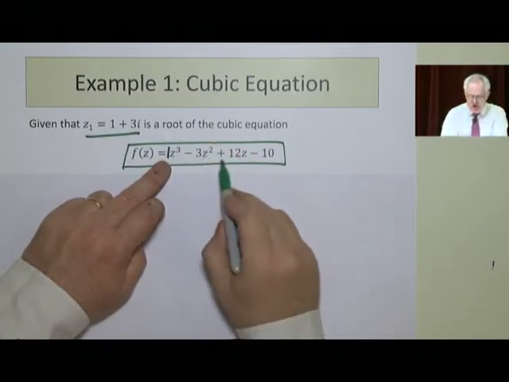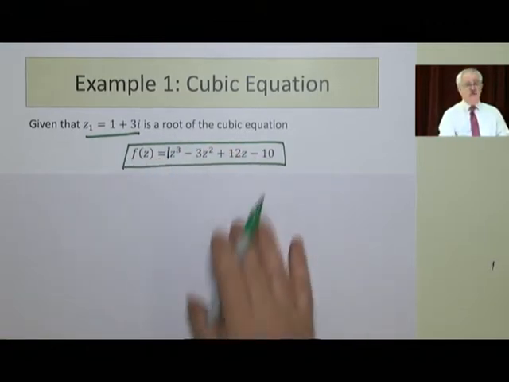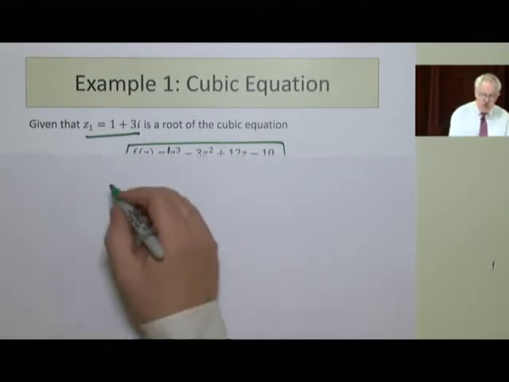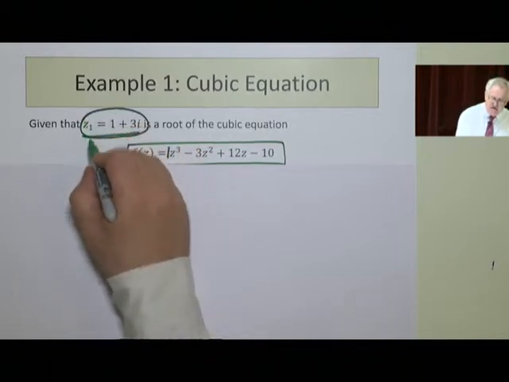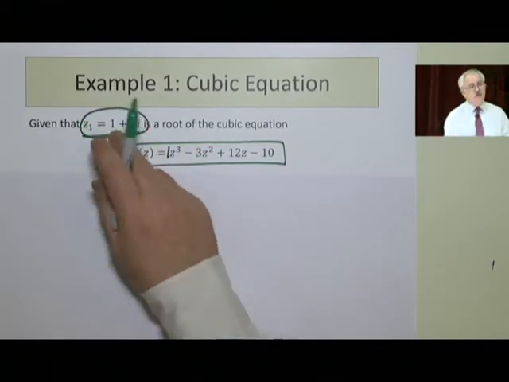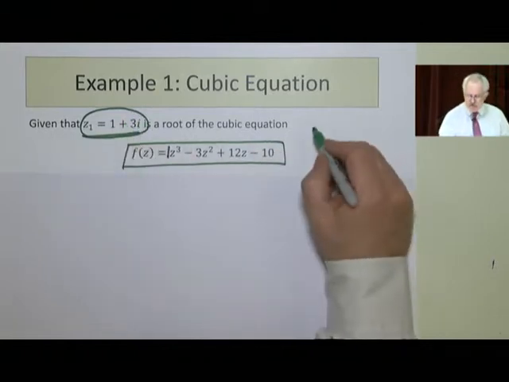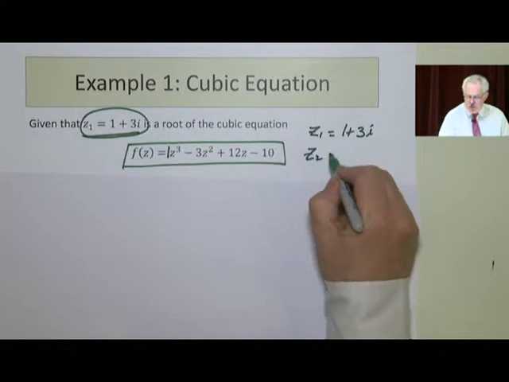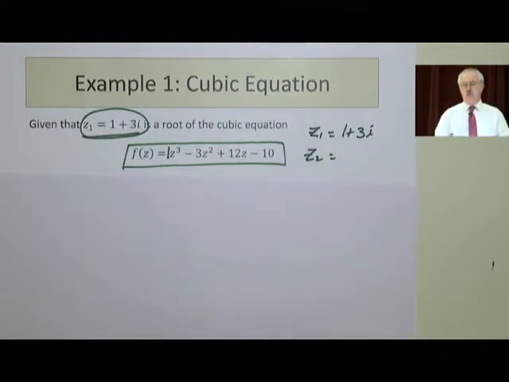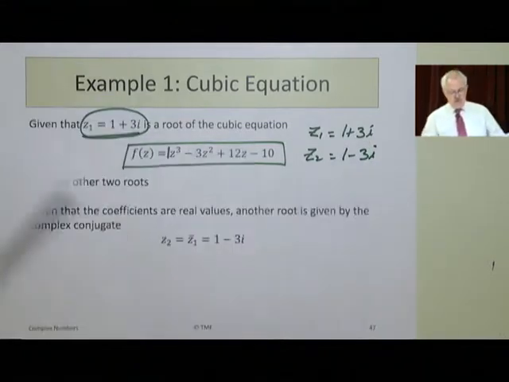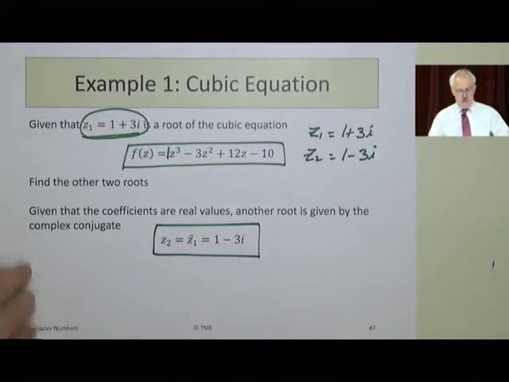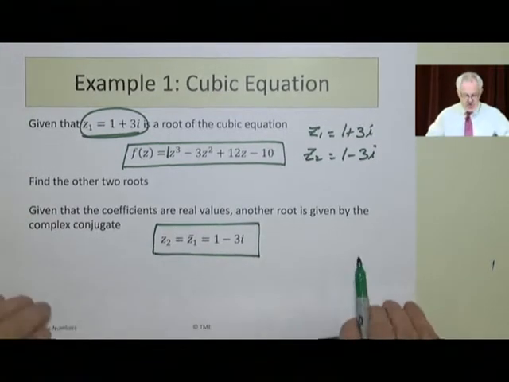If they're all real numbers, then if you have any complex root, which you have, z1, you must also have its twin. What's its twin? Its complex conjugate, 1 minus 3i, must also be a root. So z2 must also be a root.